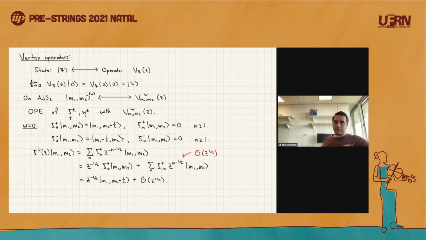Now we can upgrade this into an OPE between the vertex operators and the free boson field. So we can rewrite this first line as psi plus of z and V m1, m2, 0 spectral flow, acting on the vacuum state.